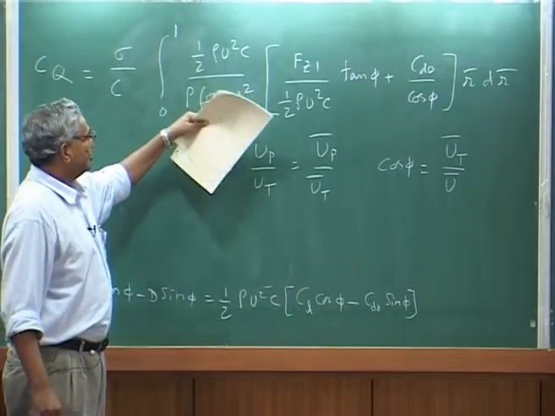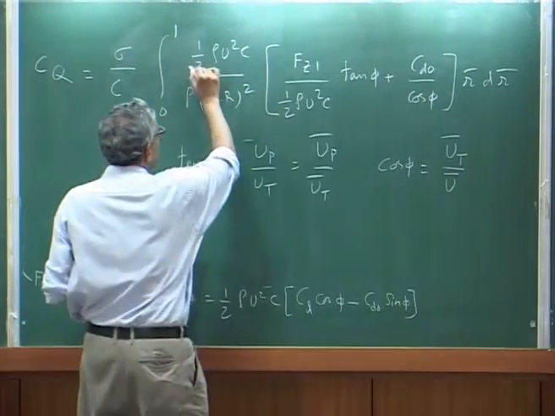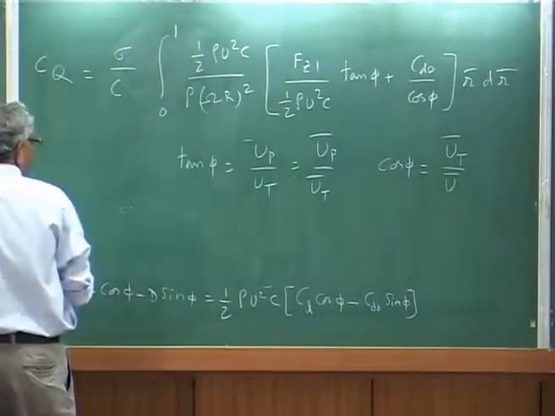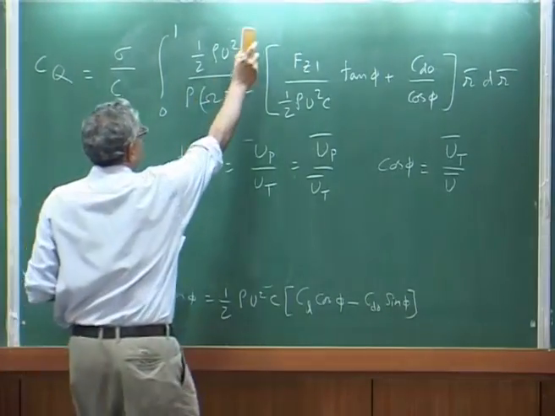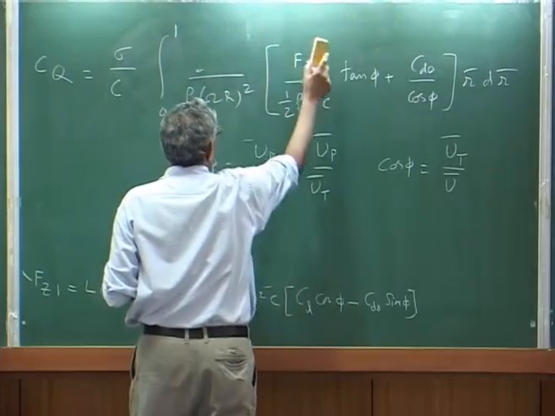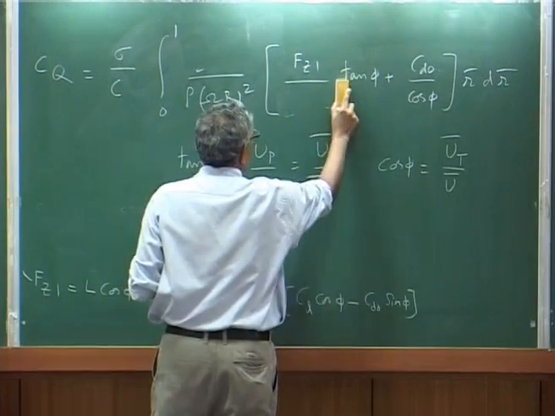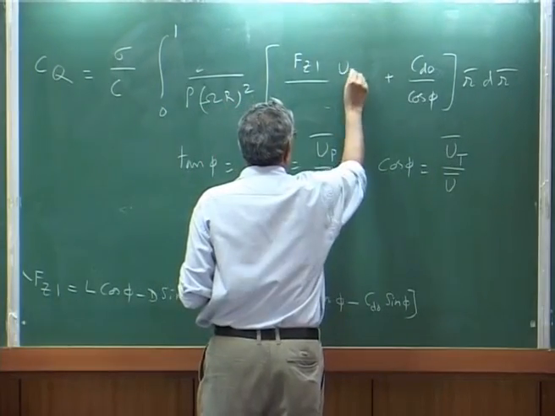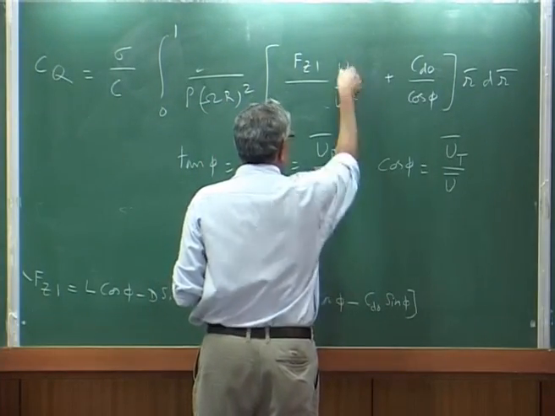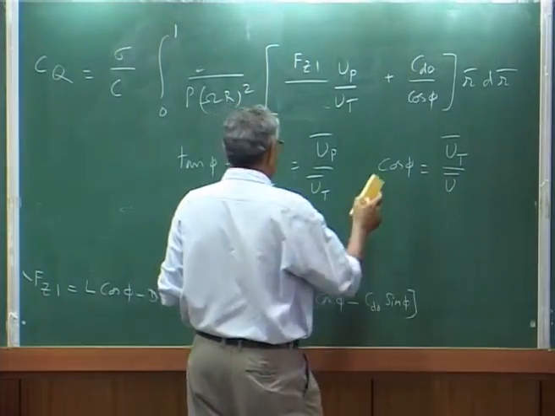You will have 1 over rho. So, maybe I will write this, that is better. You can put it U_P over U_T, or you can put the bar also, there is nothing wrong.